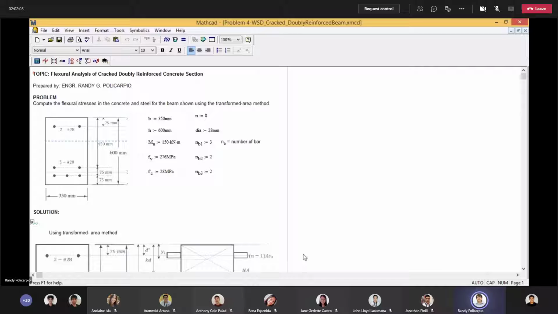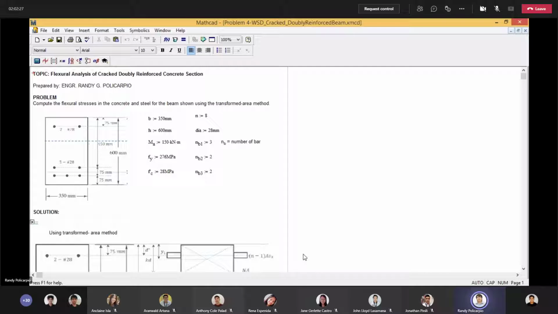Ngayon, merong beam na tinatawag na doubly reinforced. Meron siyang reinforcement sa tension, meron siyang reinforcement sa compression. So kailan ginagamit ito? Ginagamit ito kapag limited yung depth ng section mo at malaki yung moment mo.